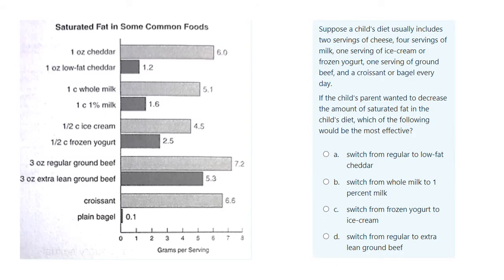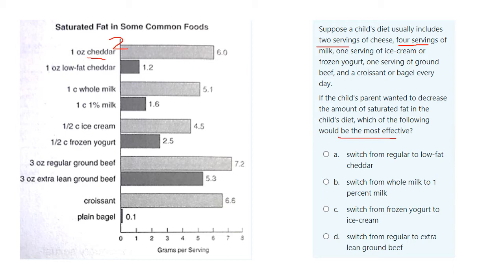Question 21. If the child's parent wanted to decrease the amount of saturated fat in the child's diet, which of the following would be the most effective? Now, suppose a child's diet usually includes 2 servings of cheese, 4 servings of milk. So cheese, cheddar is an example of cheese, so there are 2 servings.